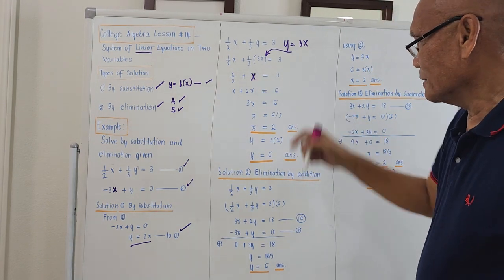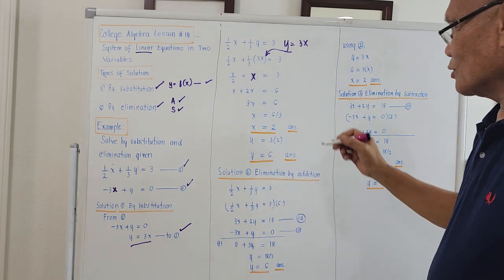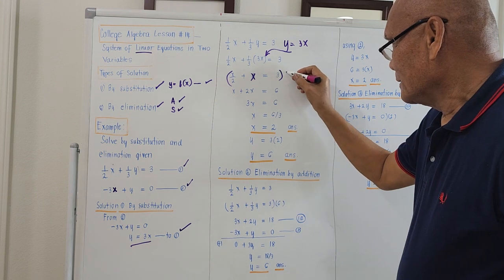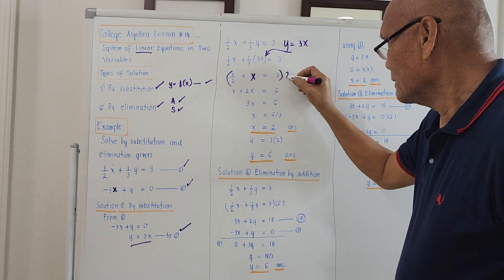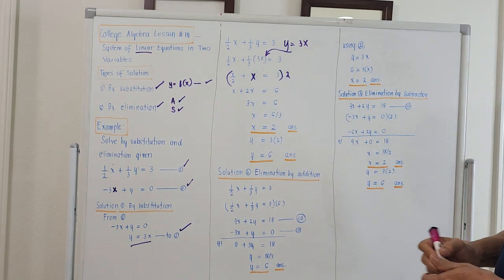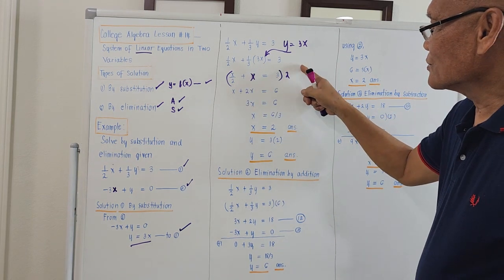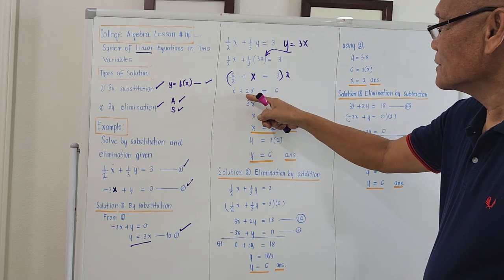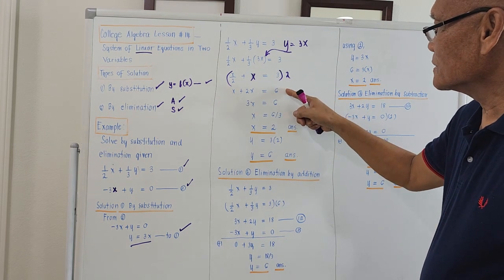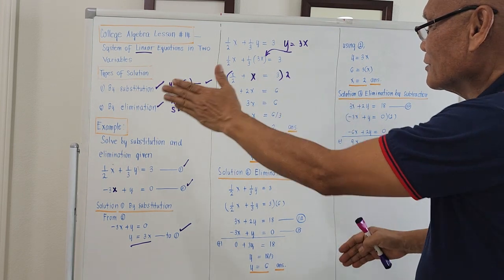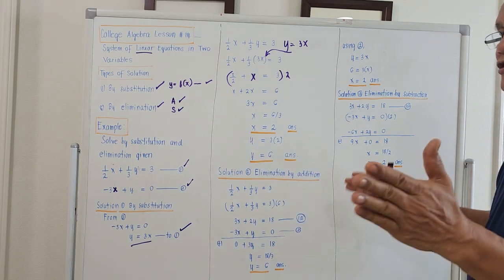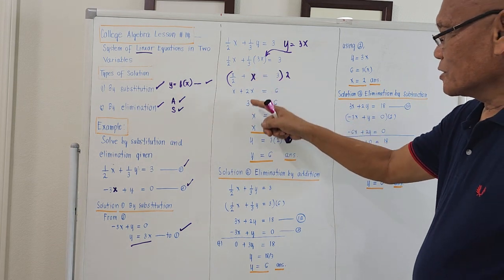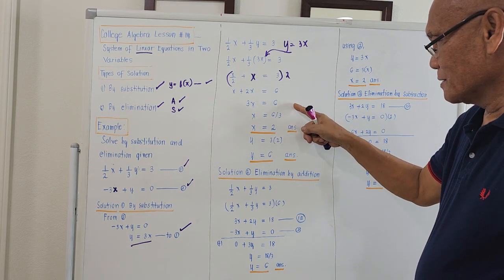Equal to 3. Then multiply all terms by 2. x over 2 times 2 is simply x. x times 2 is 2x. 3 times 2 is 6. On the left-hand side, combining similar terms, this is now pure algebra: x plus 2x is 3x, equal to 6.